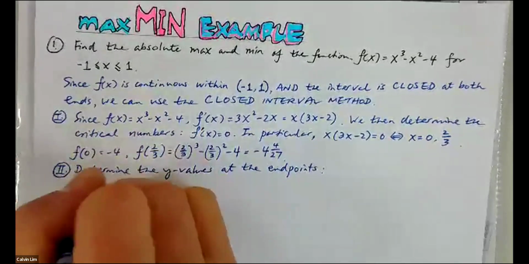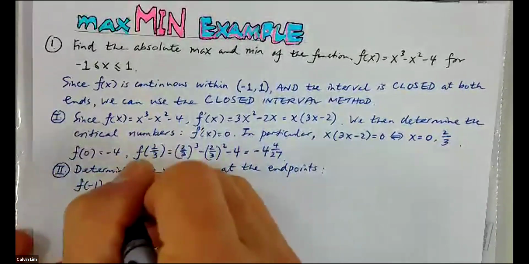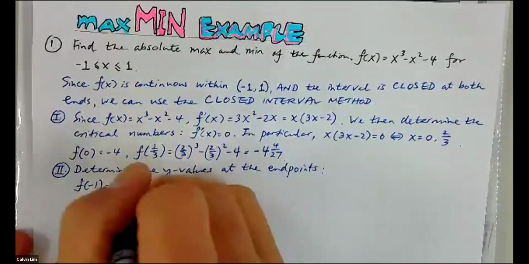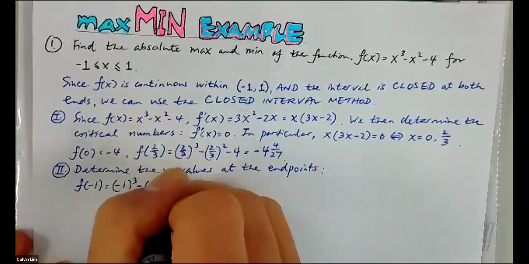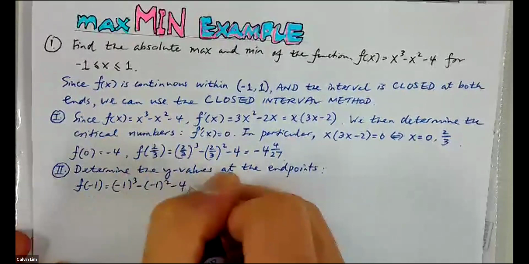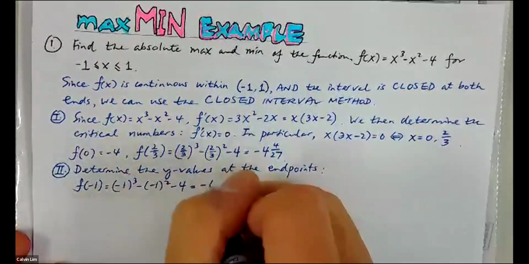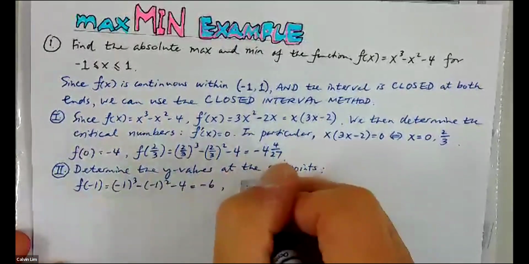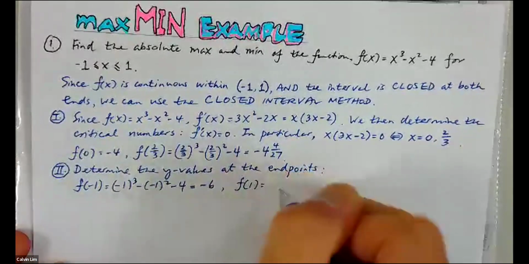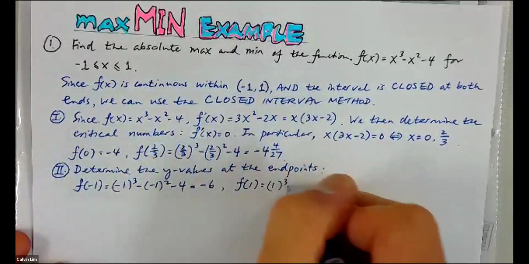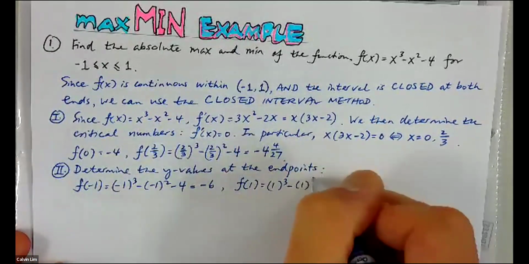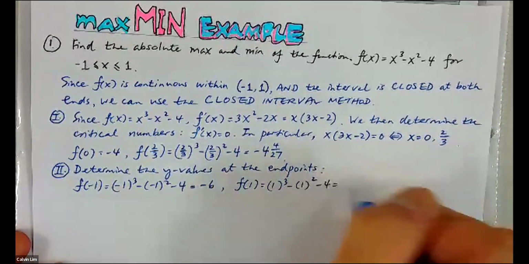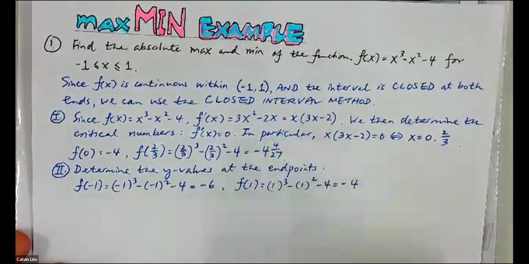So f of -1 is -1 cubed minus -1 squared minus 4, so that's -6. And f of 1 is 1 cubed minus 1 squared minus 4, so it's -4.